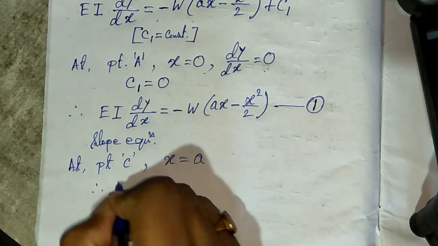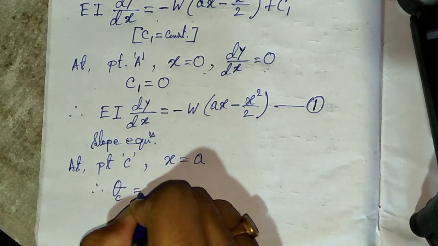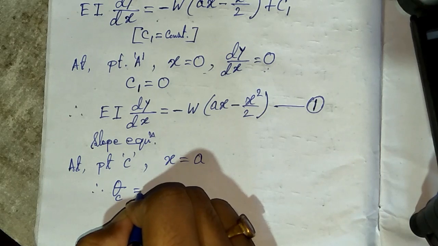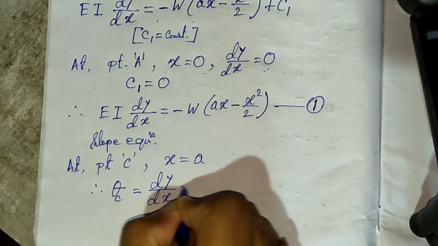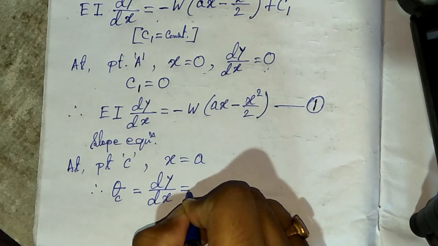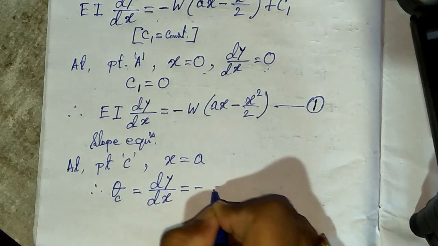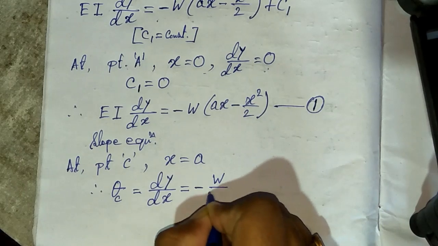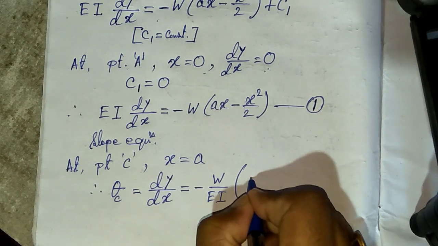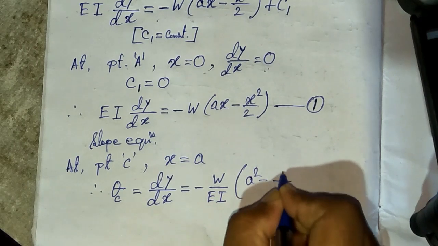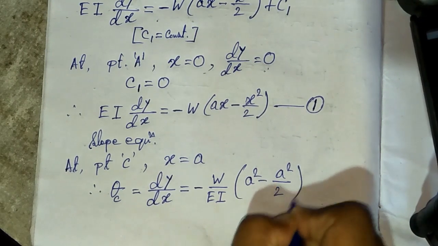Therefore theta c, the slope at point C, is equal to dy by dx is equal to minus W by EI into a square minus a square by 2.